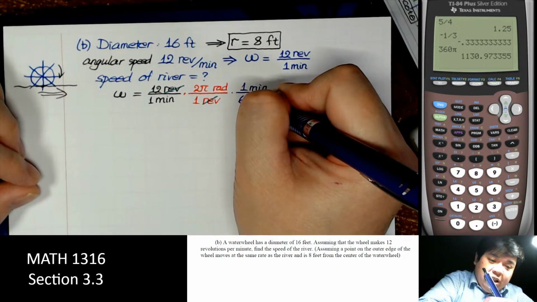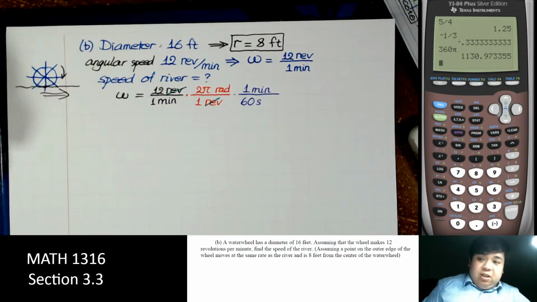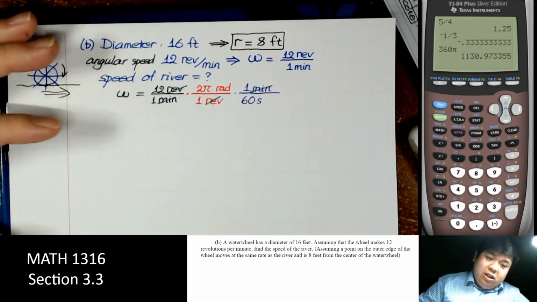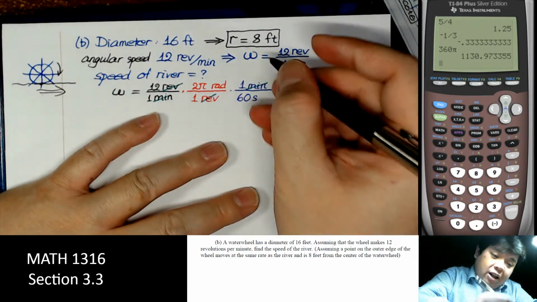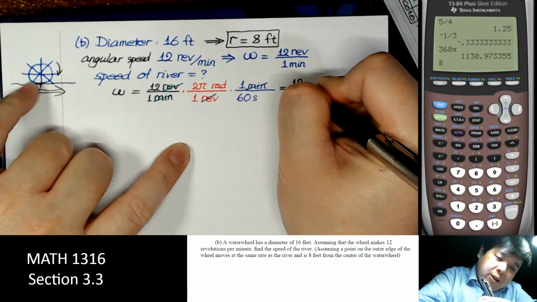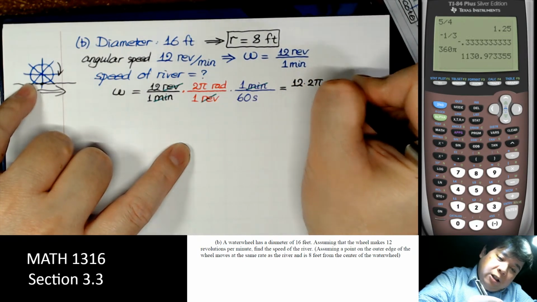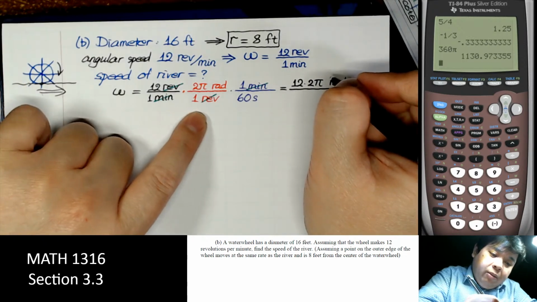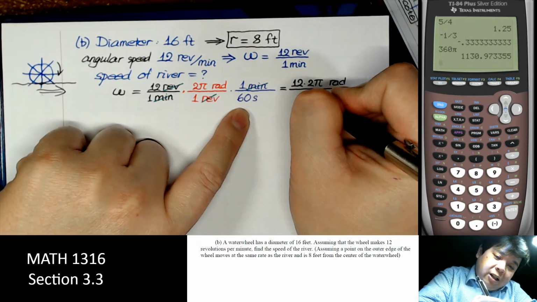The standard unit, S, is the second. So minute and minute cancel out. Collecting everything, we have 12 times 2 pi radians on the top and 60 seconds on the bottom.